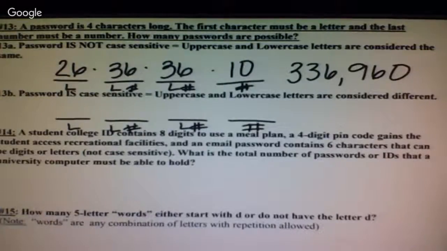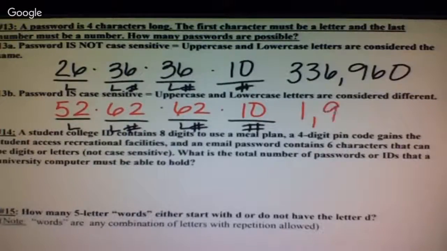Your password is case sensitive. So what happens to my amount of letters? It doubles. When it is case sensitive, that means an uppercase A is different from a lowercase a. So now instead of having 26 options for your letters, we have 52, which means this becomes 62, 62, and 10. So you have got to pay attention to whether it says case sensitive or not.